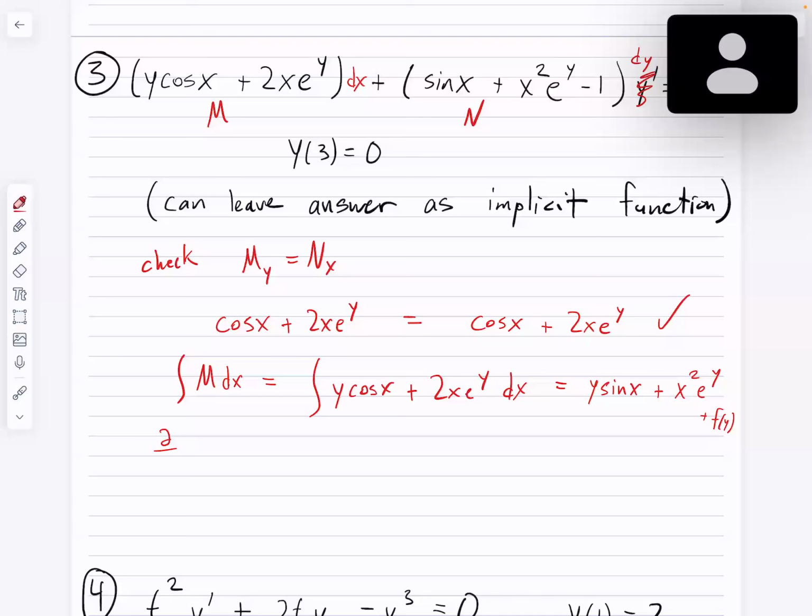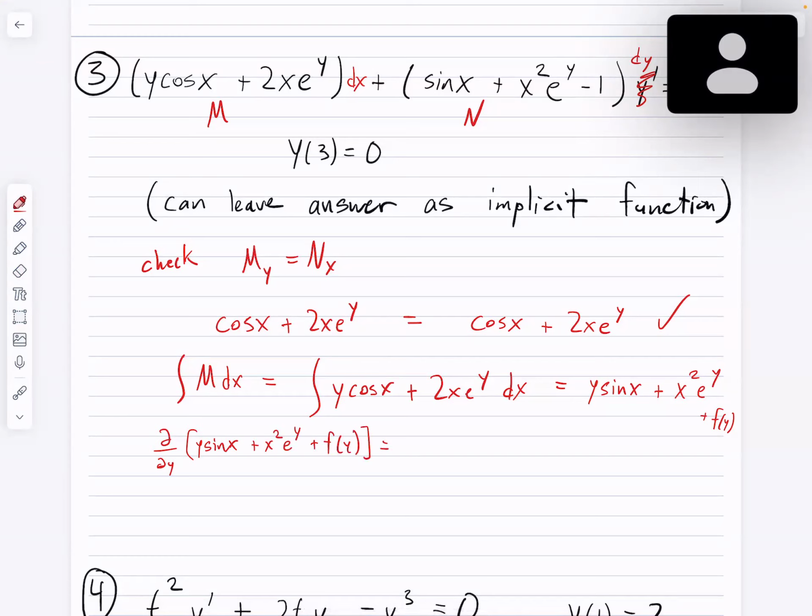And then what I do is I take the partial of that with respect to y. So partial of that with respect to y, what will that be? Let's see. Partial with respect to y of y sine x plus x squared e to the y plus some function of y. What will that equal?